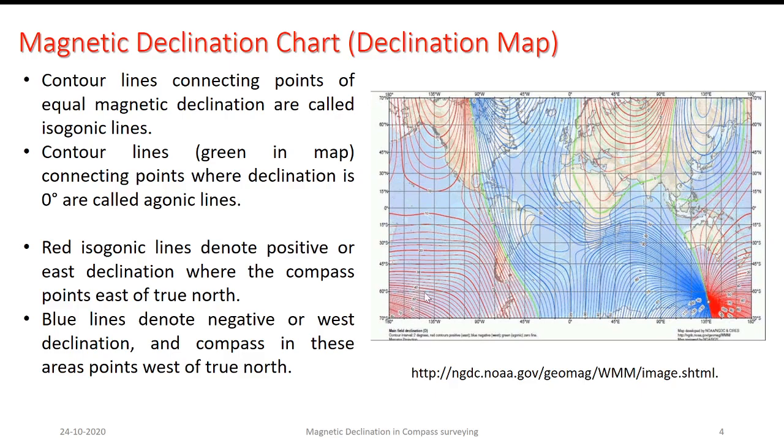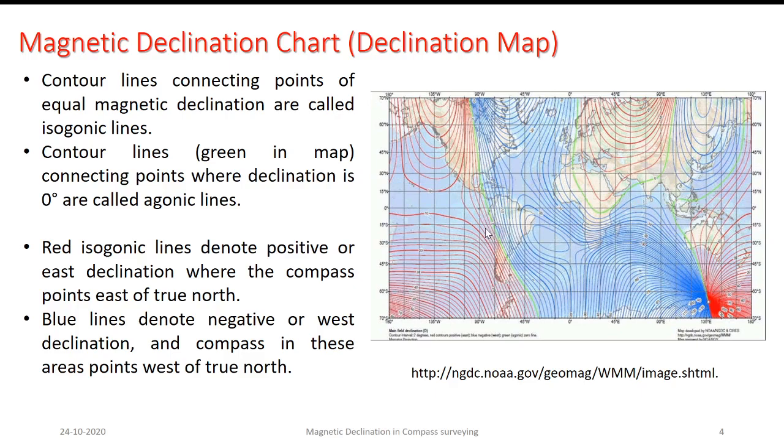Whereas the red lines that you see denote the direction of the magnetic north on the east side, as such is declination, and the blue lines that you see are showing the needle moving on the west side, thus negative declination.